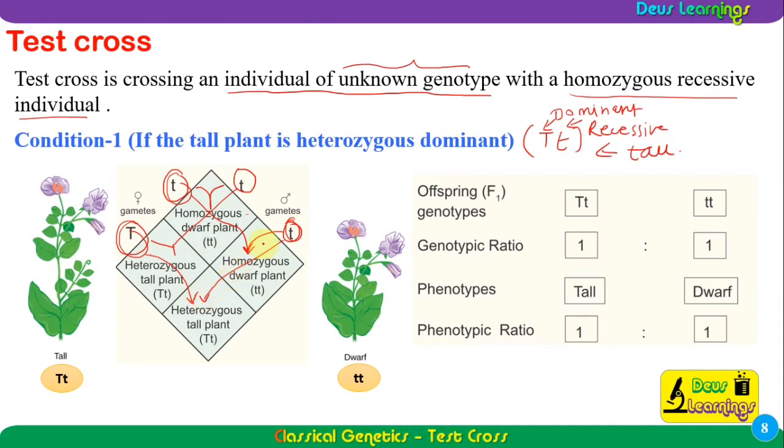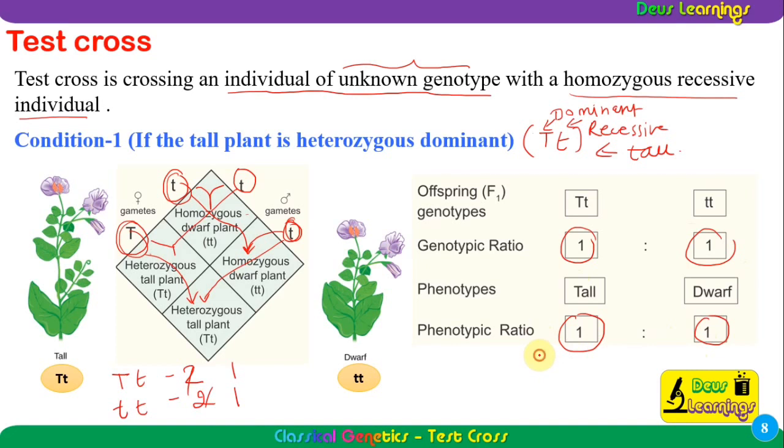Okay, so if we take 4 plants, how many plants have the heterozygous condition? You see there are 2 plants, and 2 plants with homozygous recessive condition. That means the genotype ratio is 1:1, and for genotype ratio 1:1, the phenotype ratio is also 1:1. That means you get 50% plants tall and 50% plants dwarf.